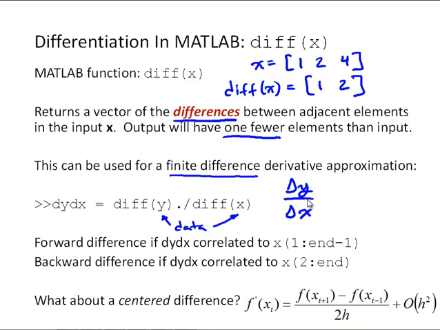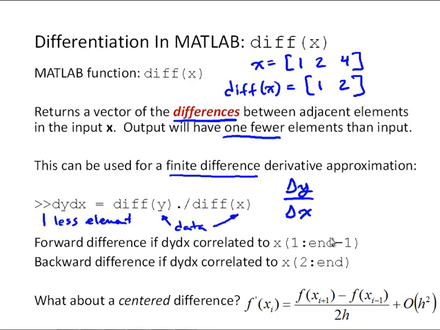And then relating this back to the finite difference approximations, that would be a forward difference if you assign the values of dy dx, recalling there's going to be one less element than there is in x and y, to the 1 through n minus 1 elements of x, so starting with the first element of x.